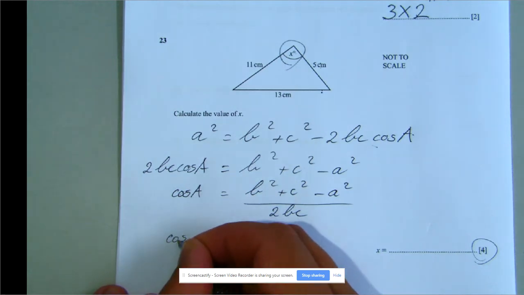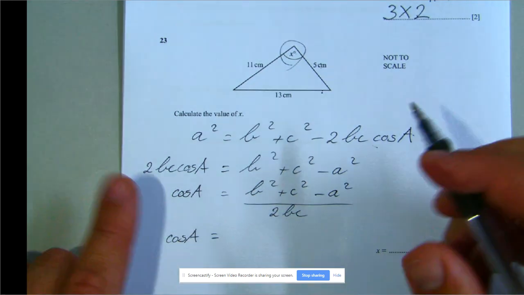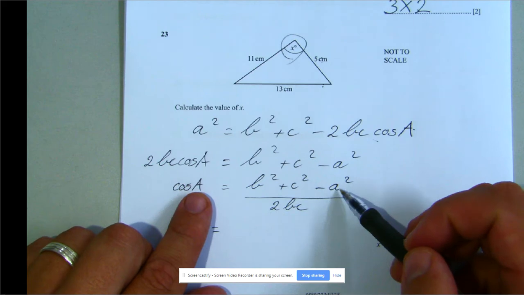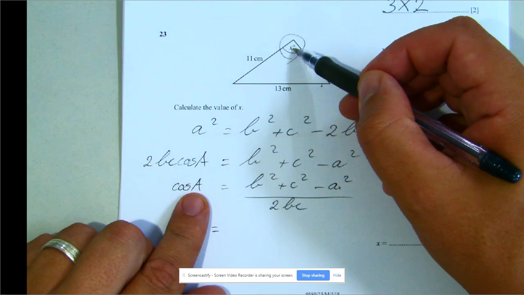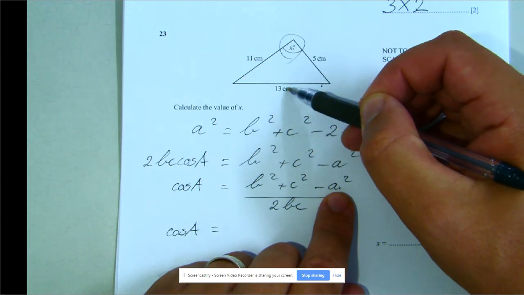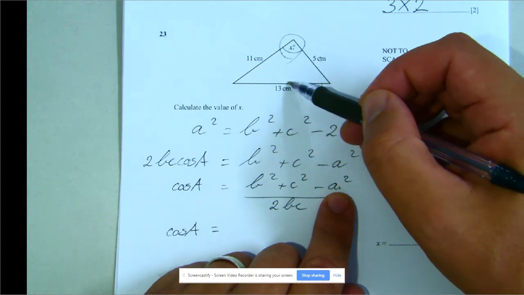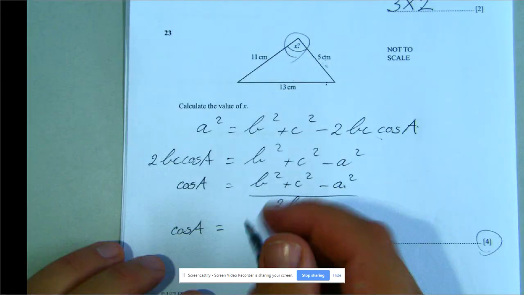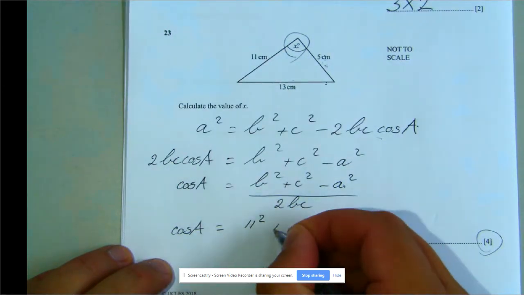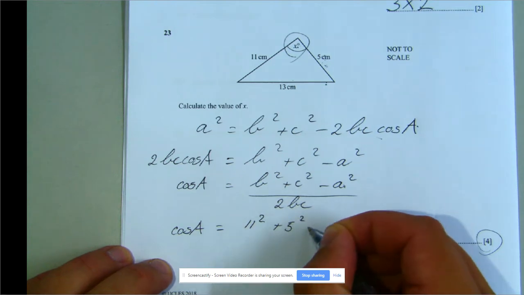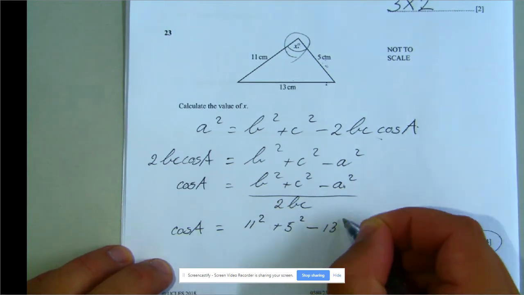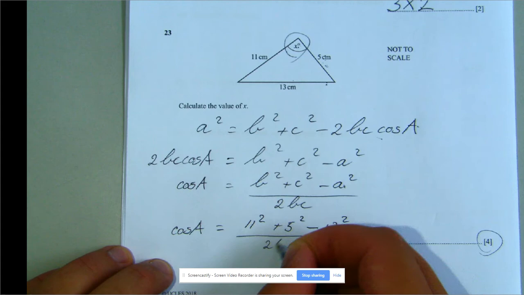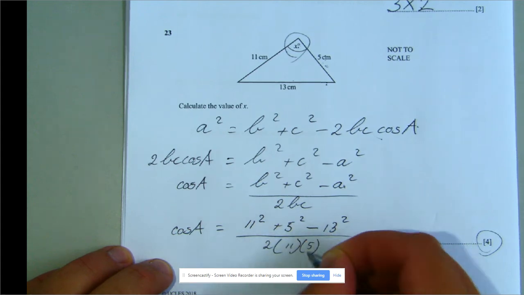Now, cosine of A, you've got to be careful. You've got to make sure that they are teammates. So if you look for the angle, A has to be 13. It has to be 13. B or C doesn't matter, 11, 5, 5, 11, whatever, up to you. Let's do 11 squared plus 5 squared, but minus 13 squared, over 2 times 11 times 5.